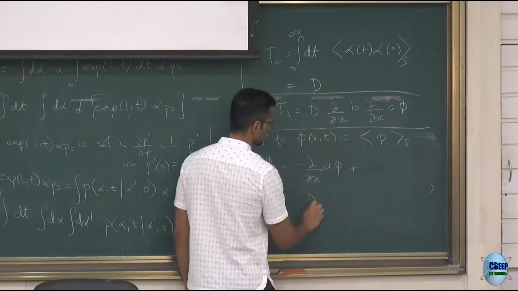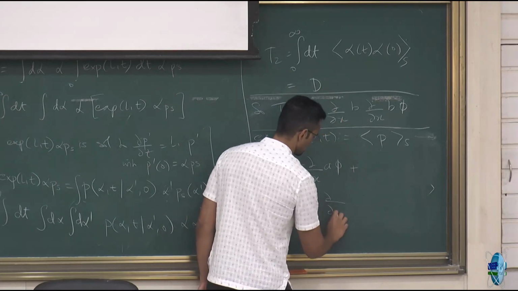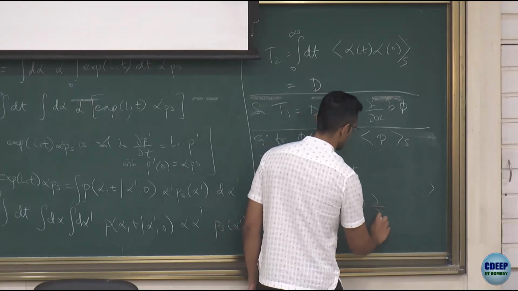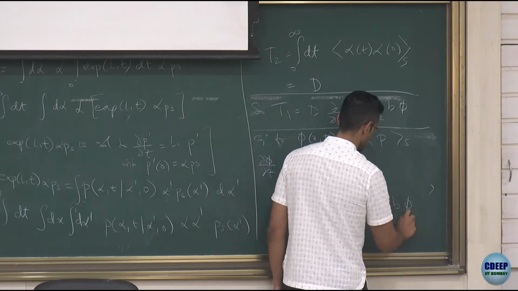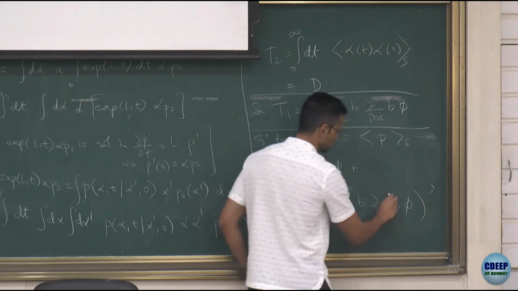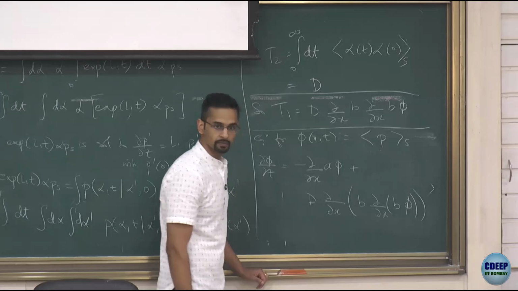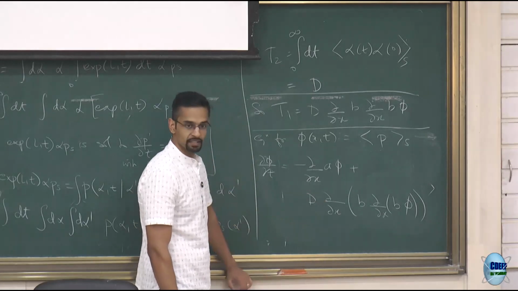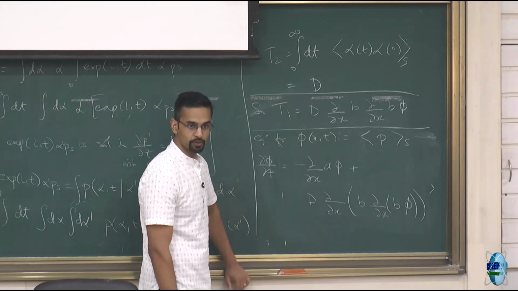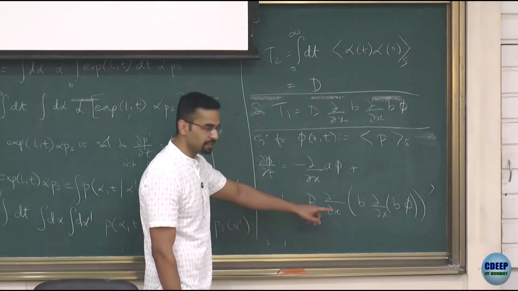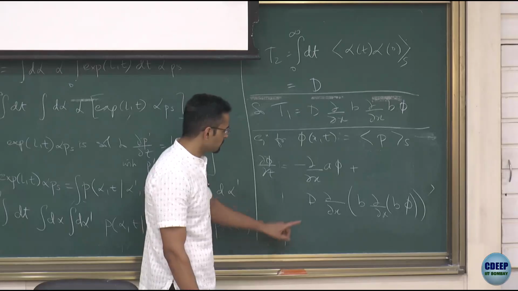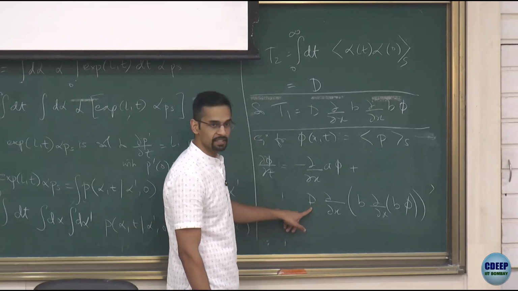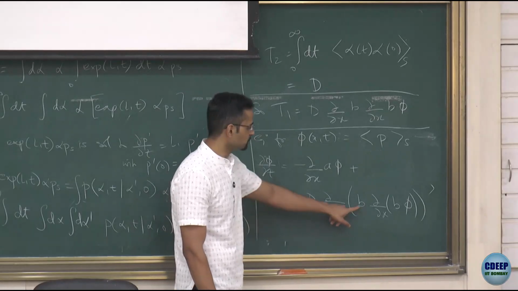Plus I have... okay, but now you start seeing that it has the form of a diffusion-like term, with a space-dependent diffusivity. But this D is sitting out in a funny way, right? So I cannot identify this as the diffusion coefficient because B is sitting there.